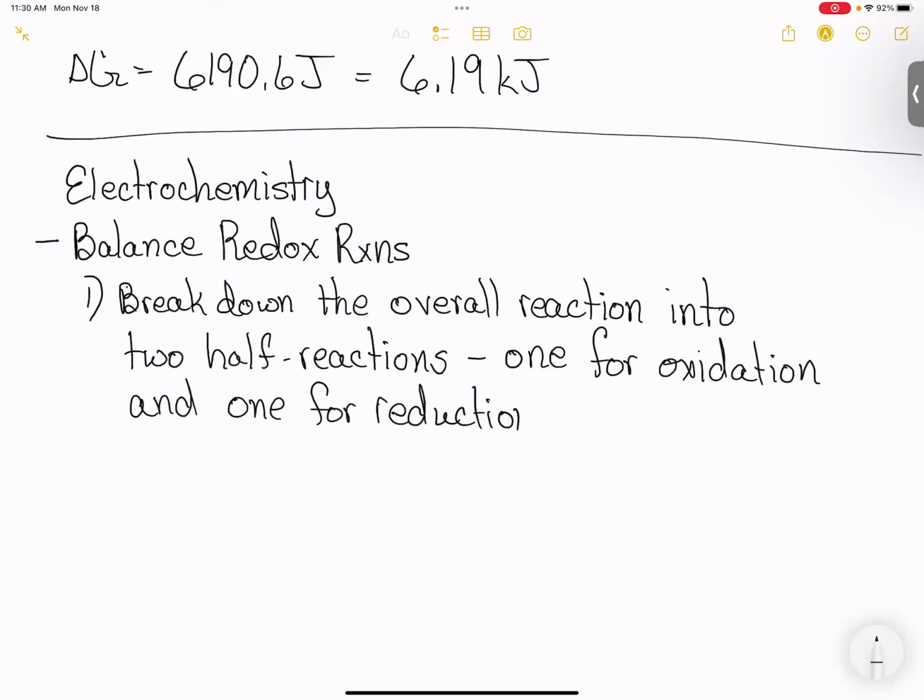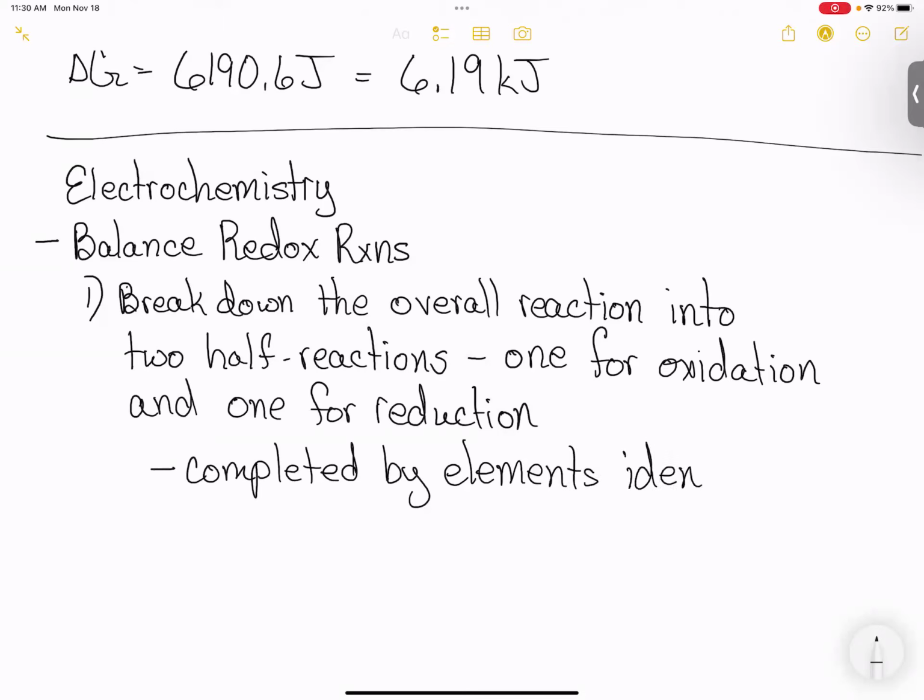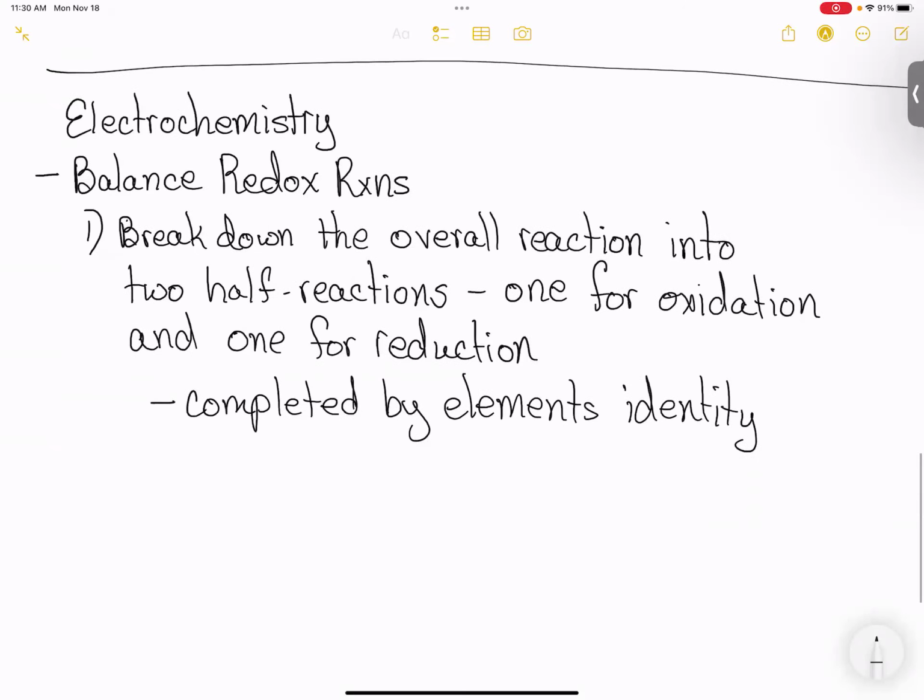Folks, this step can be done according to the type of element, the element's identity. Then we have to know the environment that it's in.